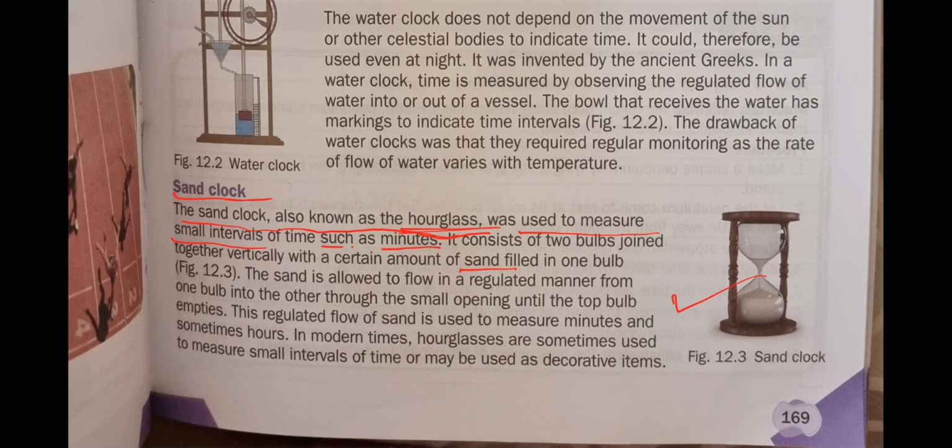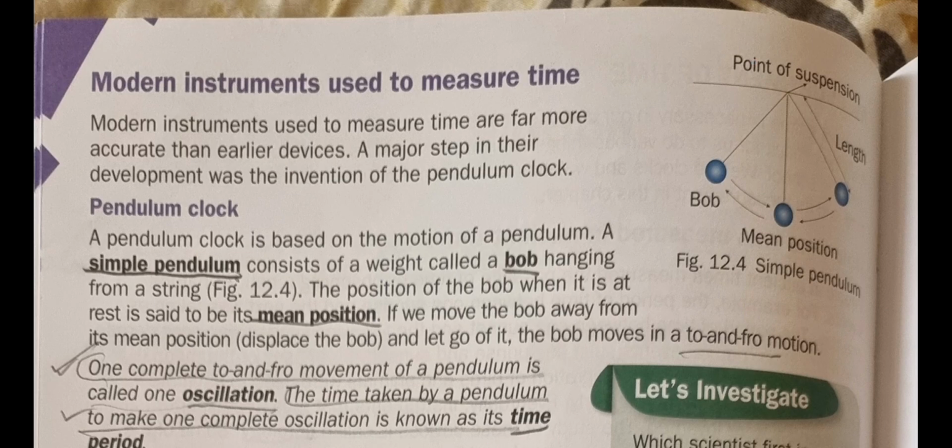The sand is allowed to flow in a regulated manner from the bulb into the other through a small opening until the top bulb empties. This regulated flow of sand is used to measure minutes and sometimes hours. In modern times, hourglasses are sometimes used to measure small intervals of time or may be used as decorative items.